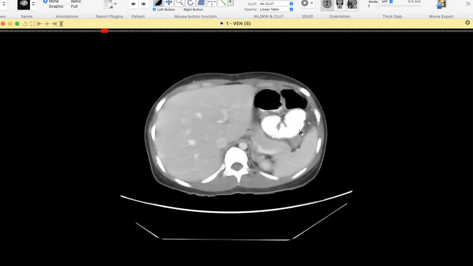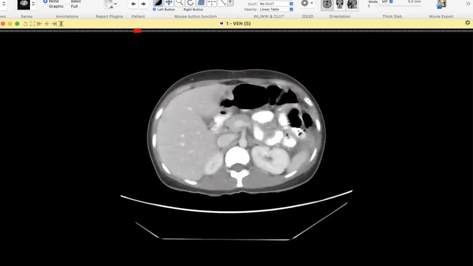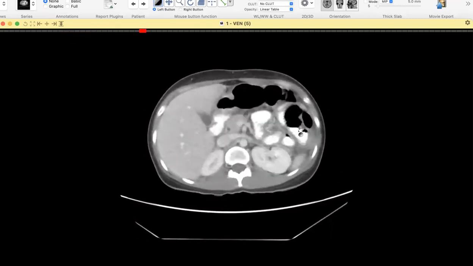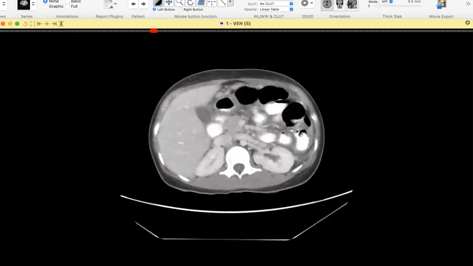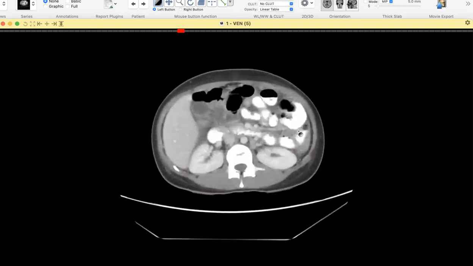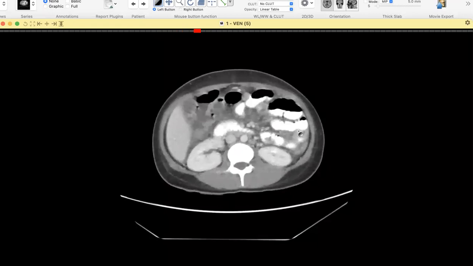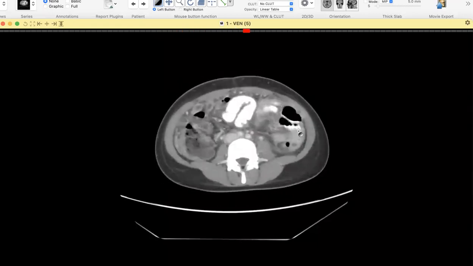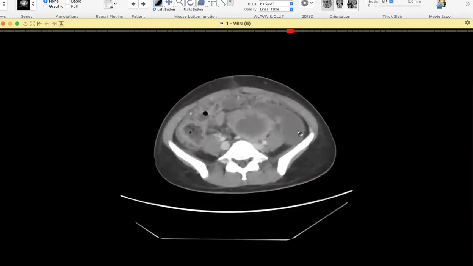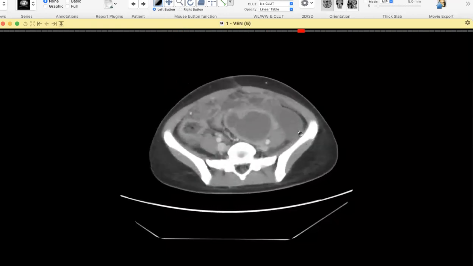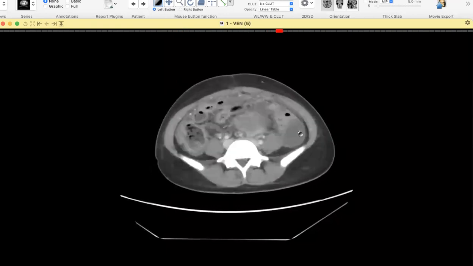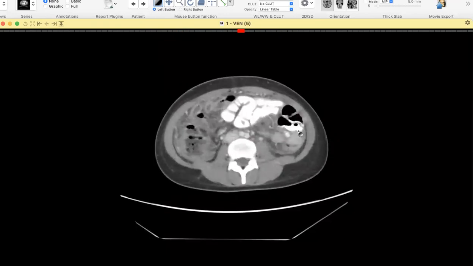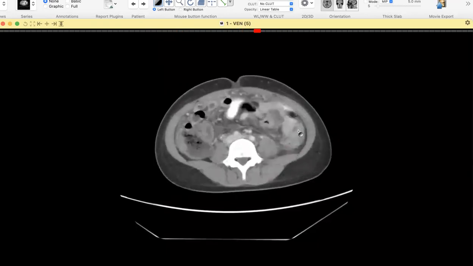So this is a contrast enhanced CT scan of the abdomen and pelvis in the portovenous phase of a female patient presenting with pelvic pain and tenderness. I'm scrolling from head to toe. There's oral contrast also given.